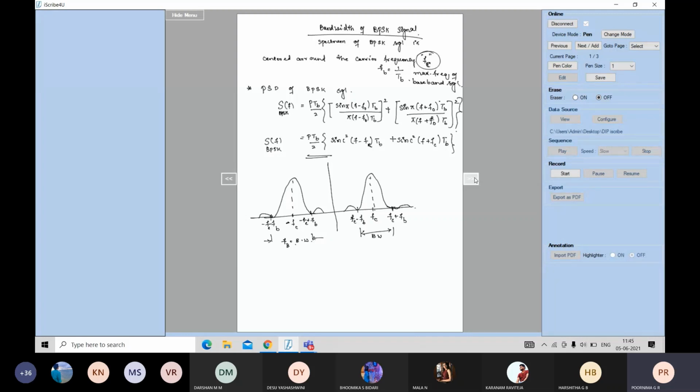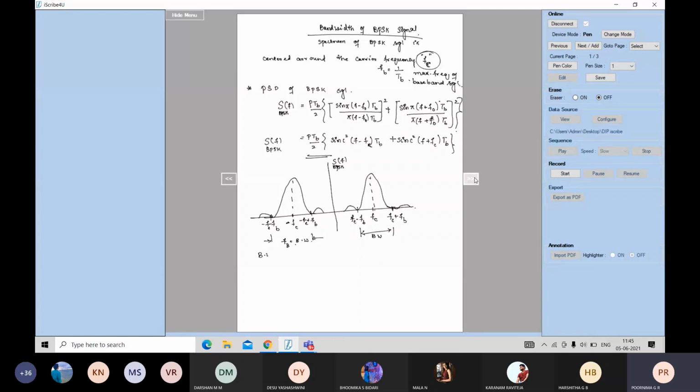How much is this bandwidth? This is the power spectral density of BPSK, and from this diagram you need to find the bandwidth.